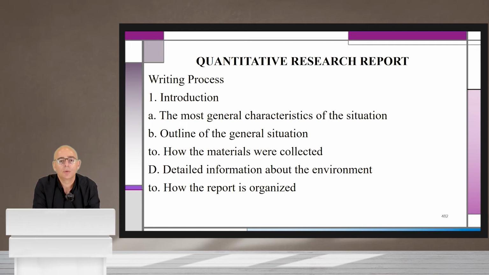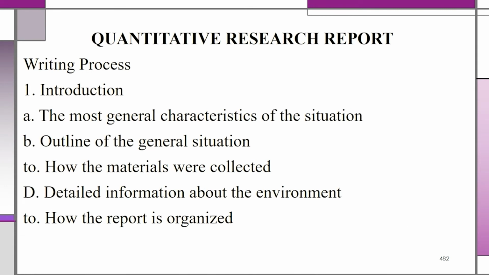So at the end of this chapter, we can now summarize the whole writing process just like this. First of all, of course, introduction. Introduction has some subtitles, of course. The most general characteristics of the situation must be included in the introduction as the first thing to do.